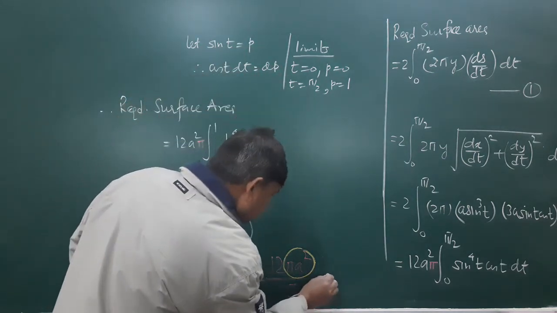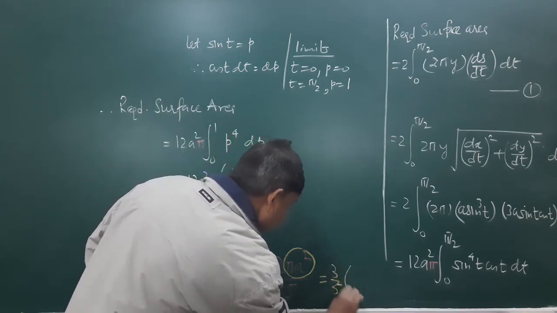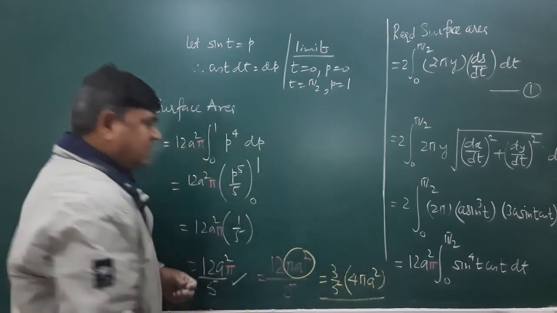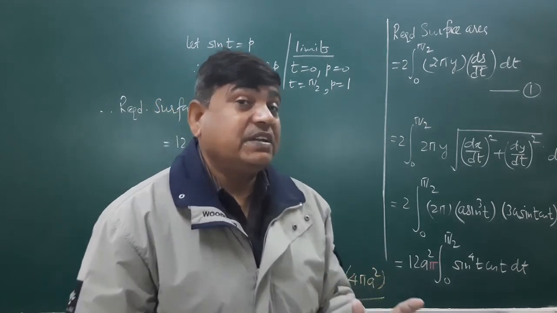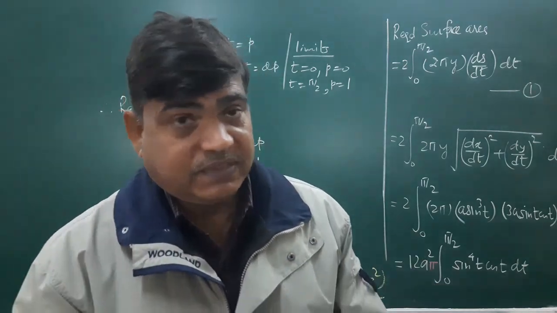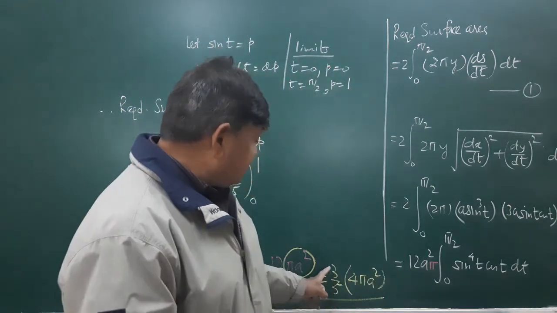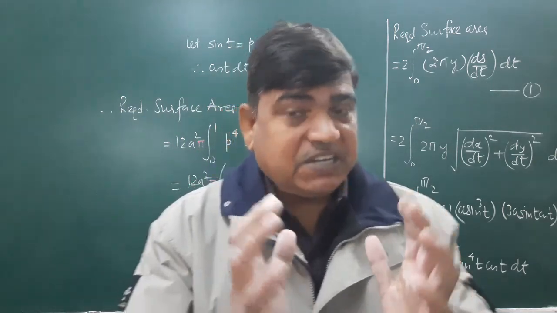And if I consider that it is 3 upon 5 and this is 4 pi a square. Listen, 4 pi a square is the surface area of a sphere, and this is 3 upon 5 times 4 pi a square. So that is a particular relation.